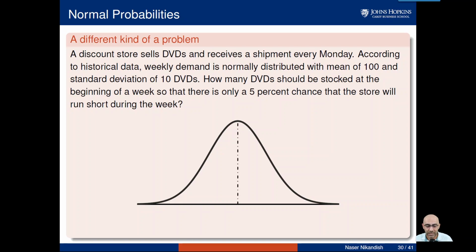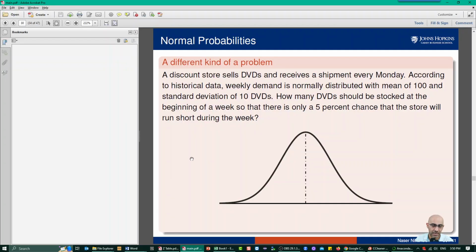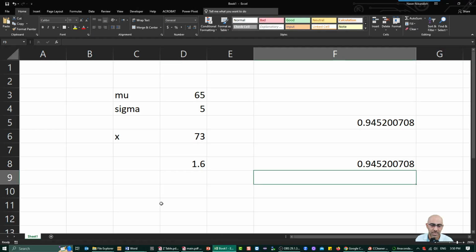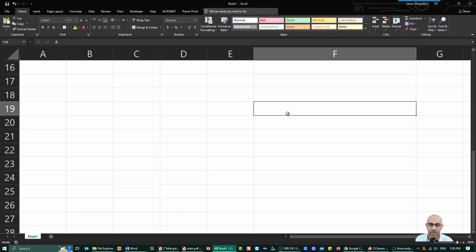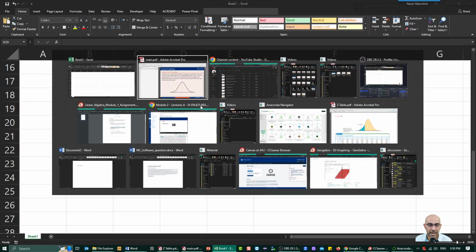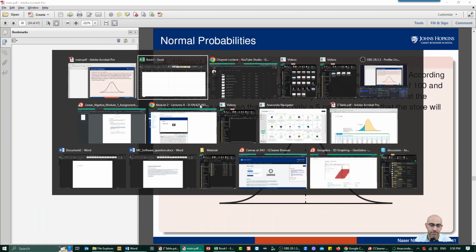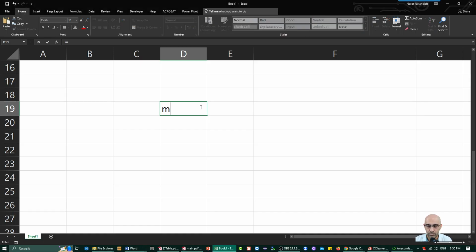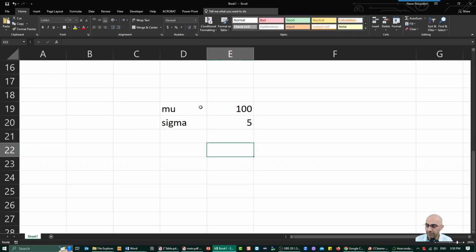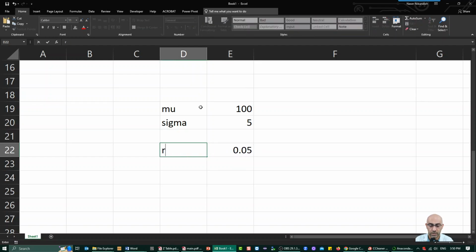Well, we can do that in Excel. You can do it in Z tables as well, but I'm going to show it in Excel. Let me see, what was the average? Average was 100. Sigma is 10, and that is 5%. Okay, so mu is 100, sigma is 10, and only 5% chance of running short.